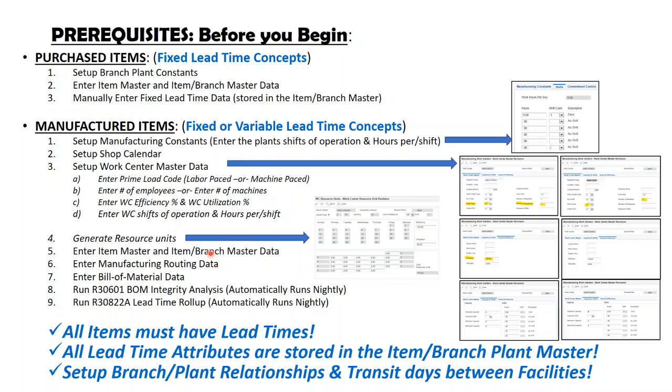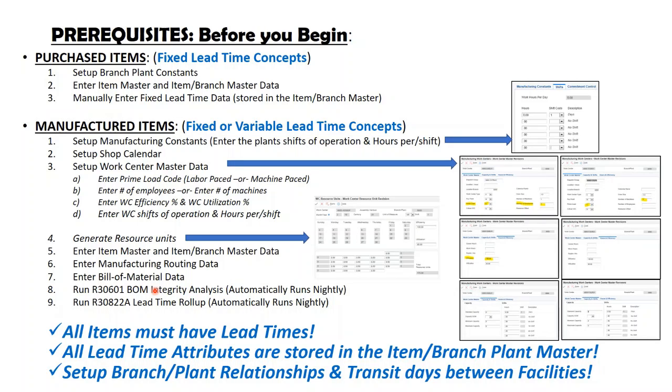For make items, obviously all of those make items must be in the item master and item branch master, and we must have their routings entered in the routing master, along with all bills of material for these make items, in the system before we begin any lead time calculations. Once we have all this master data in place, we'll simply perform an integrity analysis across our bills of material.